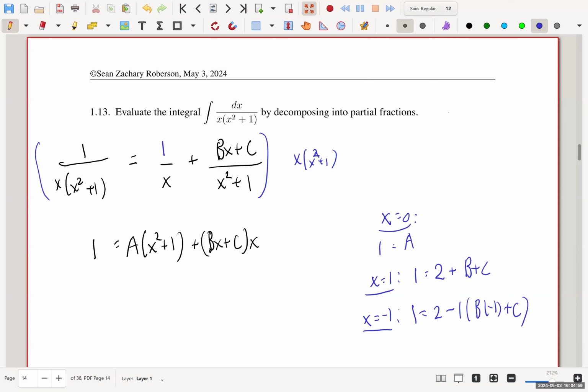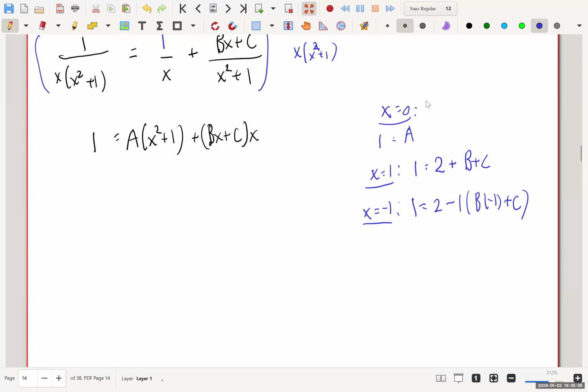We just substitute x equals -1. Now let's tidy that up a little bit. I'll get 2 minus, I'm kind of regretting this already, negative b plus c. We have 2 plus b minus c.